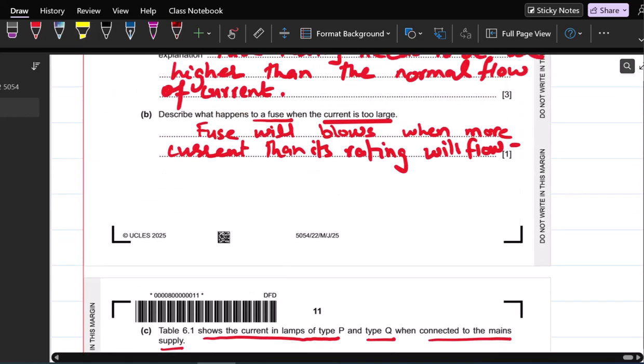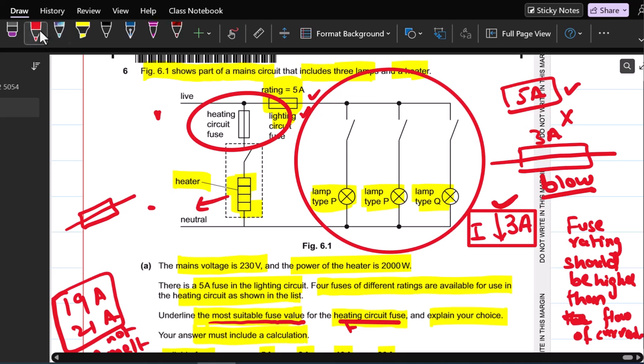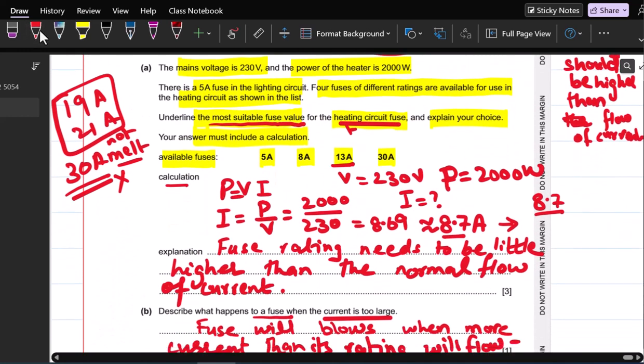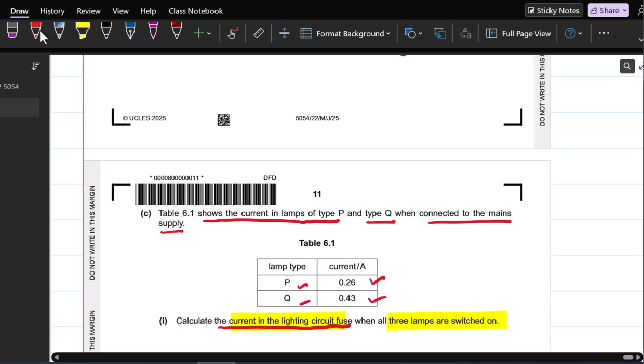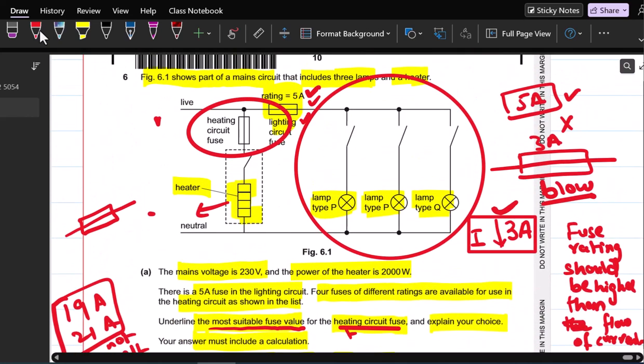So if you go to the circuit, we have to find the rating of this fuse. What we know from the table is that lamp P has 0.26 ampere, 0.26 ampere, and 0.43 ampere.